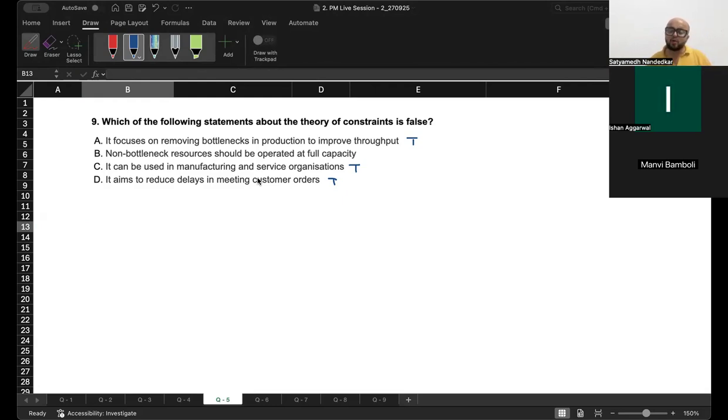For a non-bottleneck resource you have more availability but you don't need that much. See, non-bottleneck resources are not required to be operated at full capacity. In fact, your main concern is how do you tackle the bottleneck resource. So the answer should be option B. Non-bottleneck resource will operate at less than full capacity.